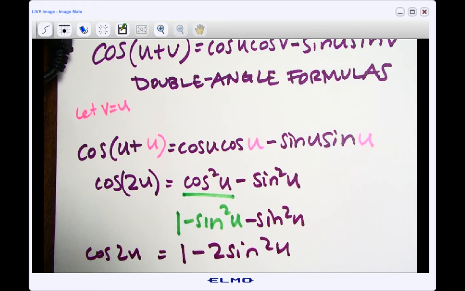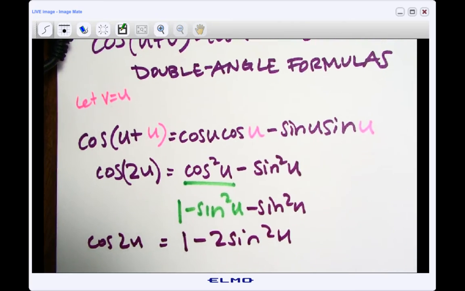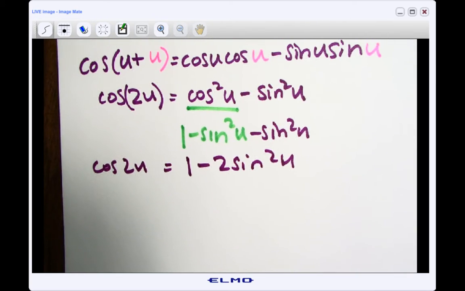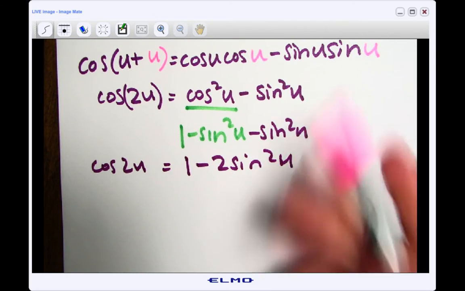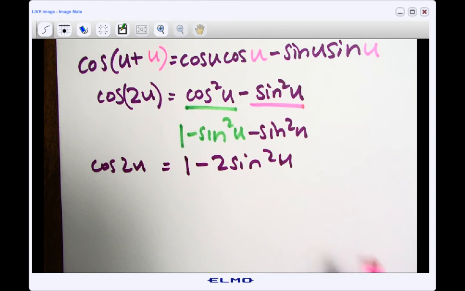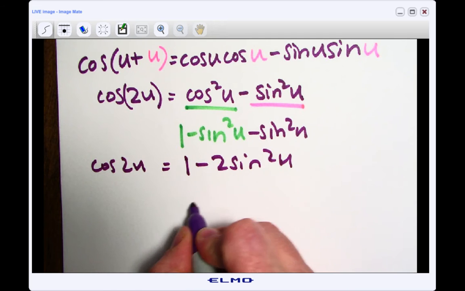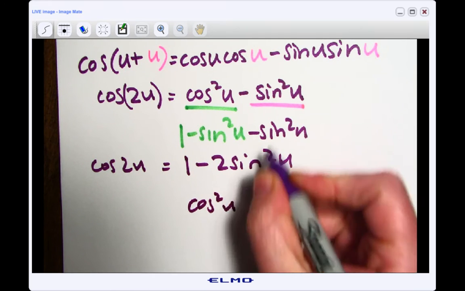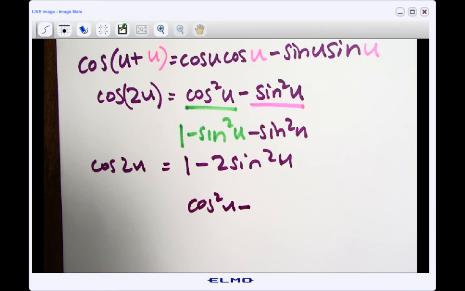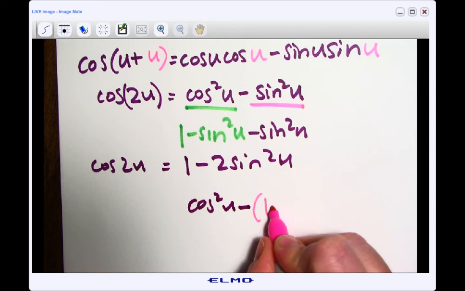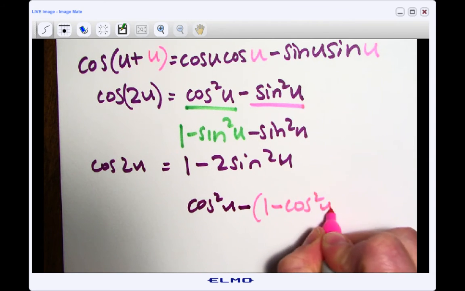And if you can replace the cosine, then it's easy to imagine that you can also replace the sine. So if I want to replace this one instead, I'd keep my cosine squared u, but I would replace the sine squared with 1 minus cosine squared u.